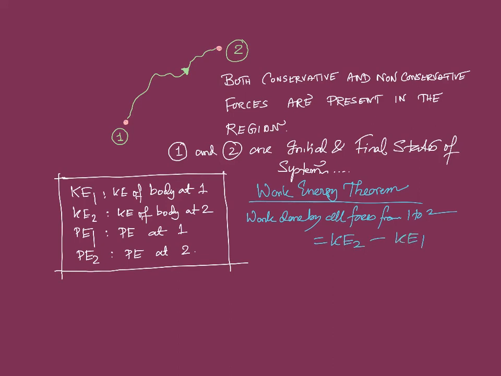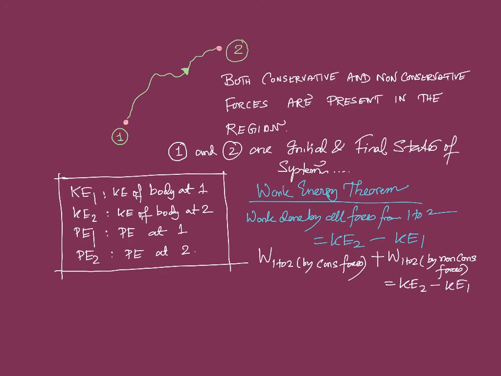So we can break it up: work done from 1 to 2 by conservative forces plus work done from 1 to 2 by non-conservative forces equals KE2 minus KE1.